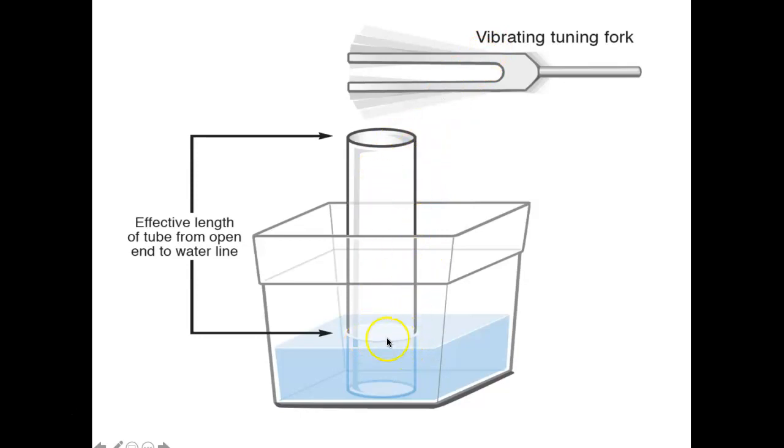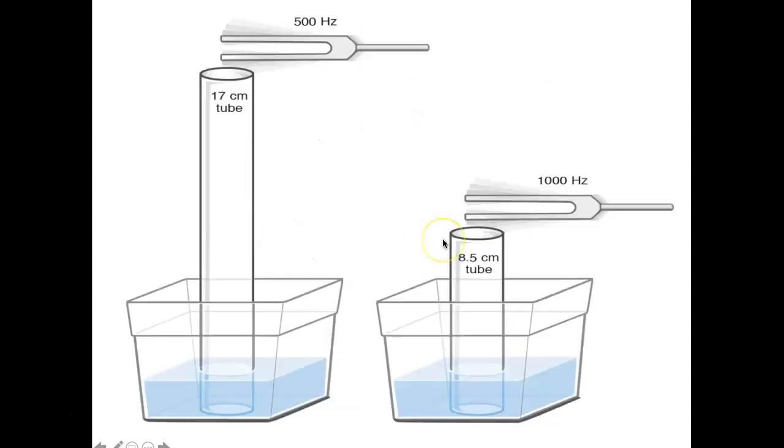The effective length is from here to here. This longer tube has a lower resonant frequency than this shorter tube. Just think of the vocal tract in that example.